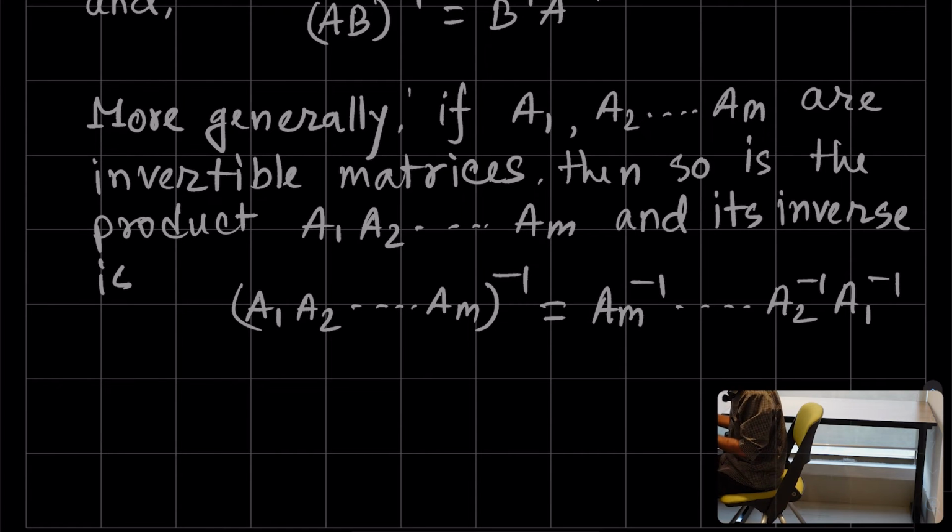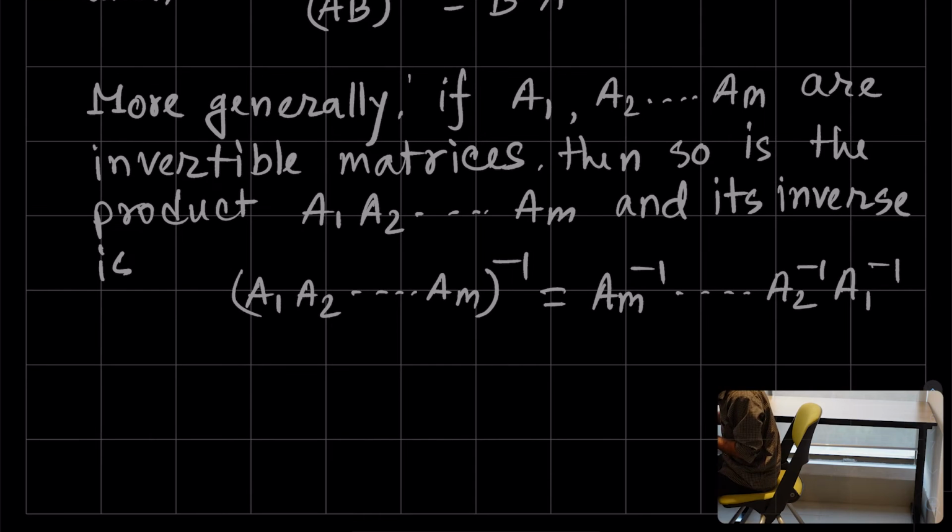We can check if B inverse A inverse is actually the inverse of the matrix AB. We already know that if a matrix is A, and the inverse of this matrix A is B, then AB is equal to identity, and it is also true that BA is equal to the identity, right?